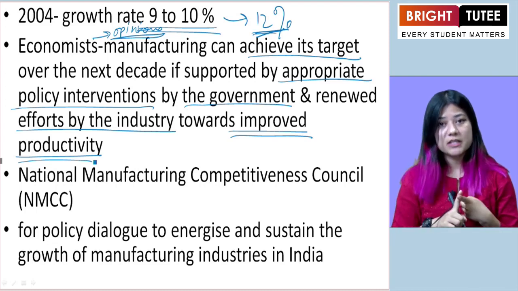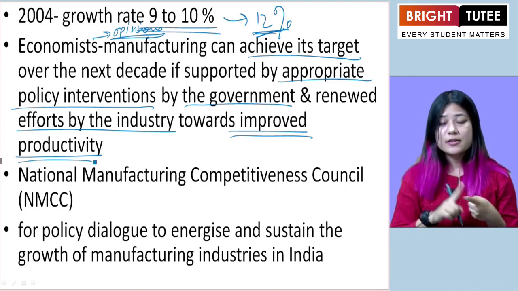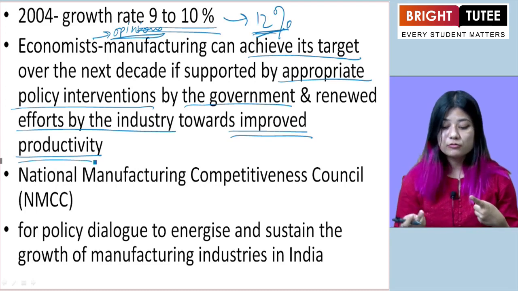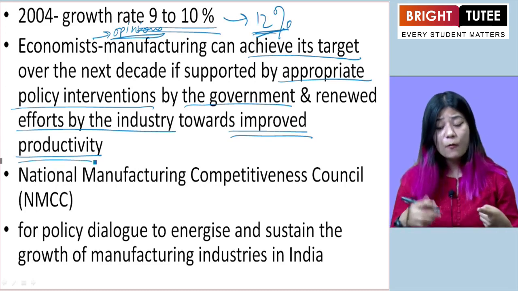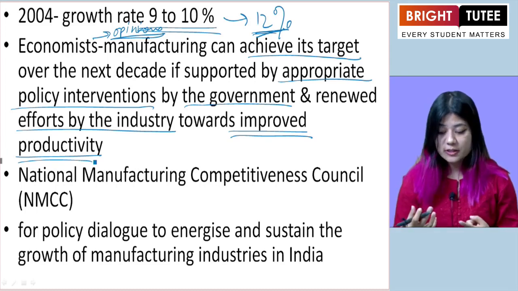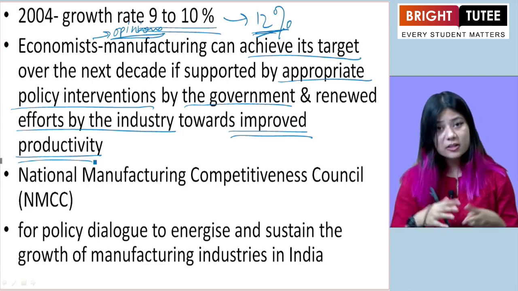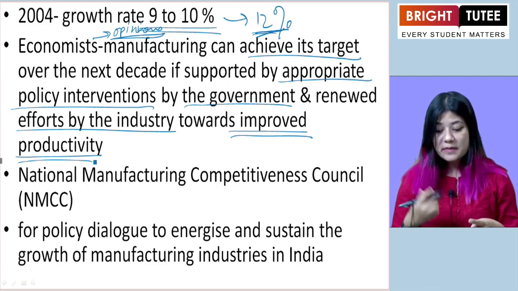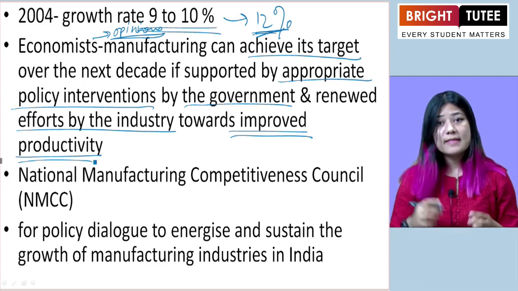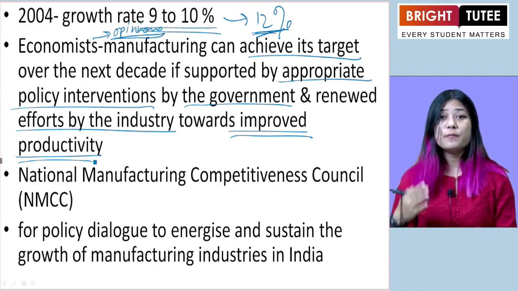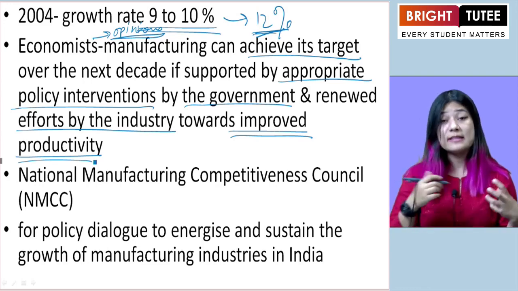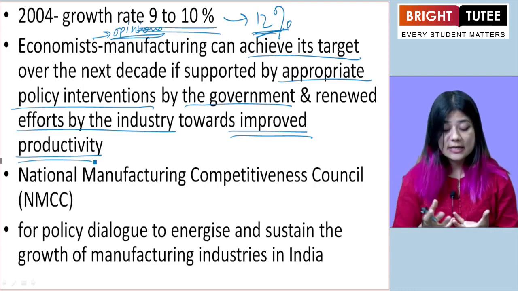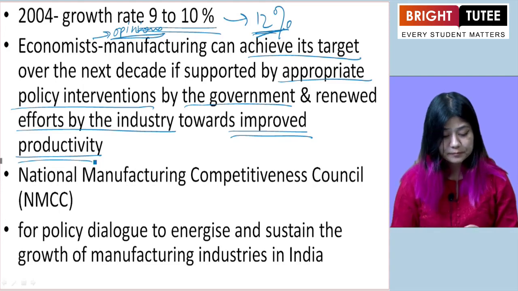First is government intervention. Government should introduce policies, rules, for the improvement of the industrial sector. And secondly, the industries themselves should make effort to work towards improvement of productivity, so that they come out of the state of stagnation.